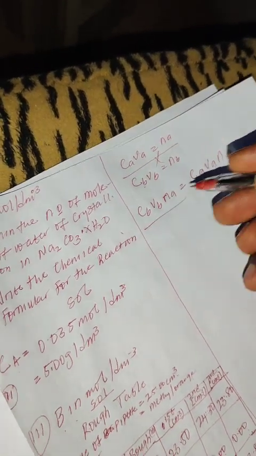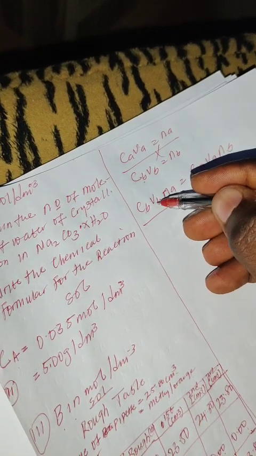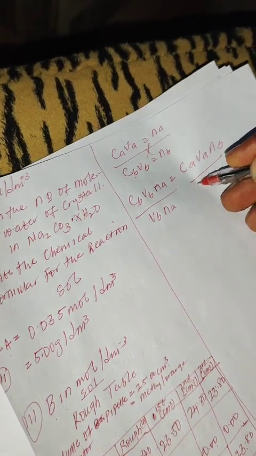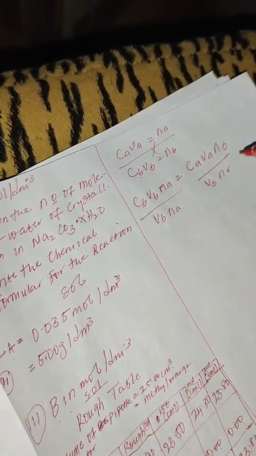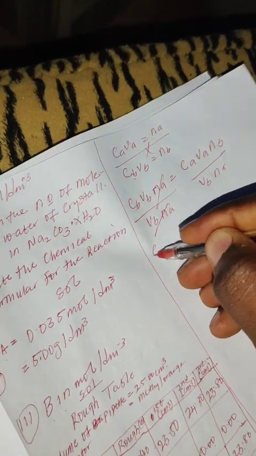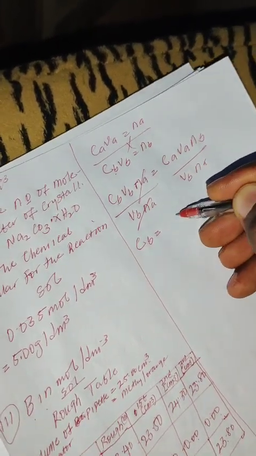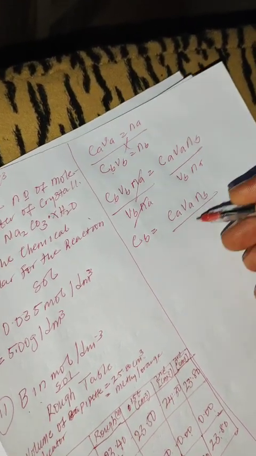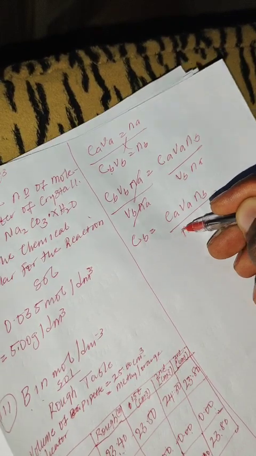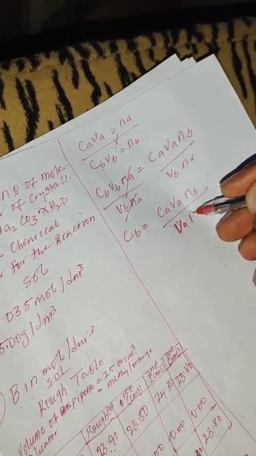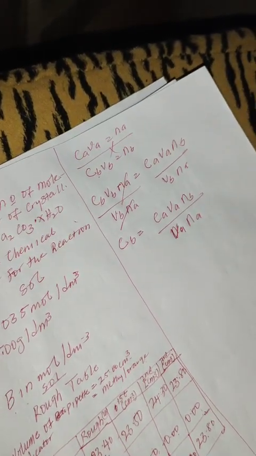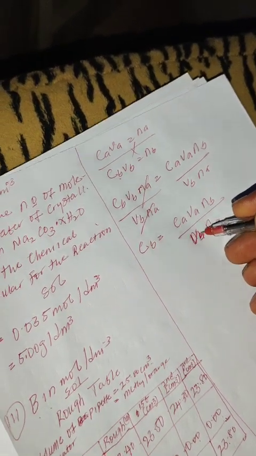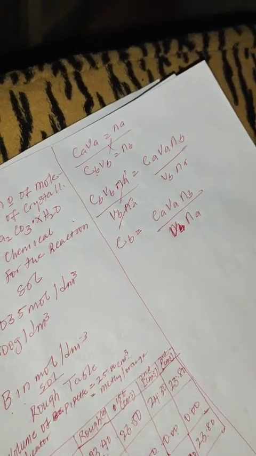So I'll divide both sides, because I'm looking for CB, by VB and NA. If I do that, I'm going to have CB is equal to CA VA NB over VB NA.